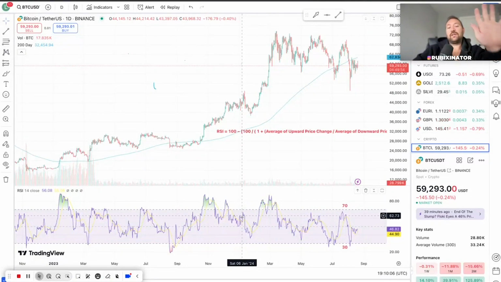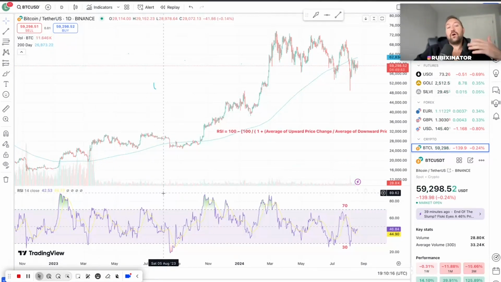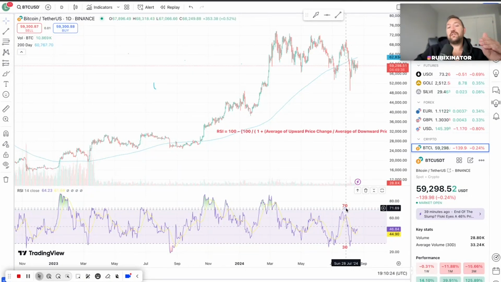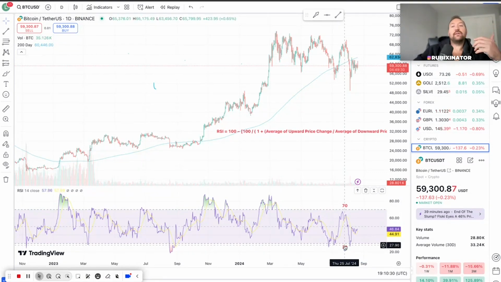So to close this up, RSI, Relative Strength Index. You can go into TradingView, you can look up indicators, you can find your RSI, Relative Strength Index, and you can add it onto your chart here. Anything over 70 is considered overbought, at least as per this indicator, and anything under 30 is oversold.